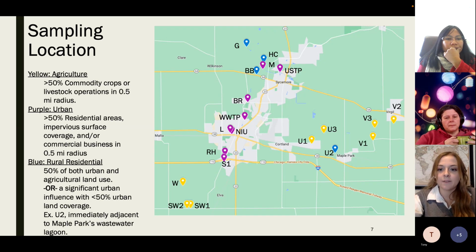The best example of this is site U2. U2 is almost 100% commodity crops within the half-mile radius. However, what makes U2 rural residential is that immediately adjacent to the sampling location there's a wastewater lagoon for the town of Maple Park. Maple Park is a relatively small town, but there are still just under 1,500 residents, so the urban influence from their waste couldn't be discredited.